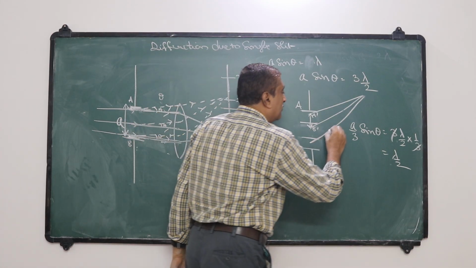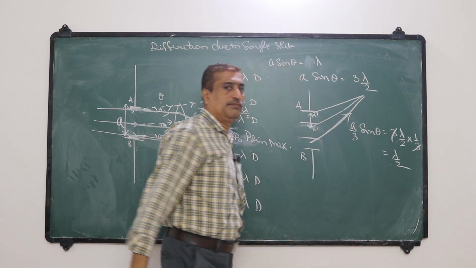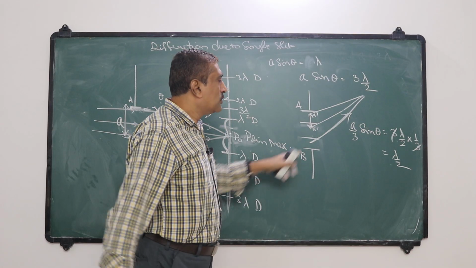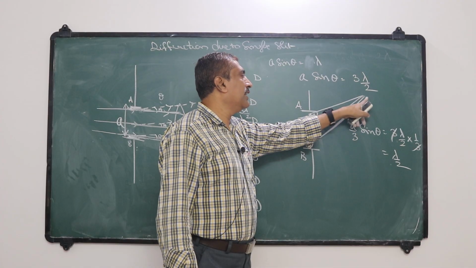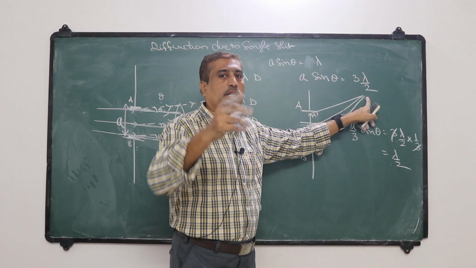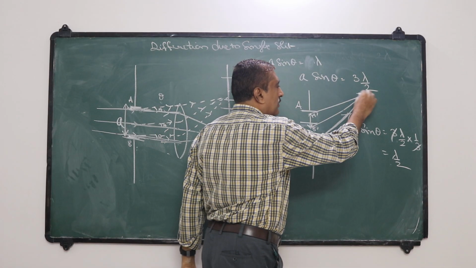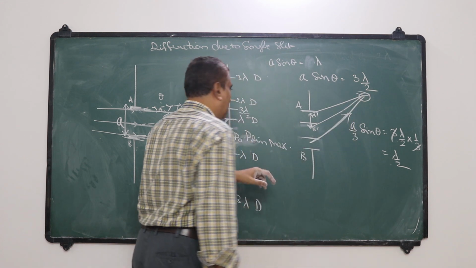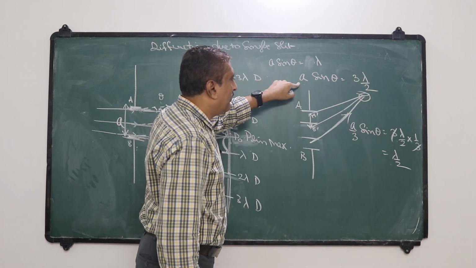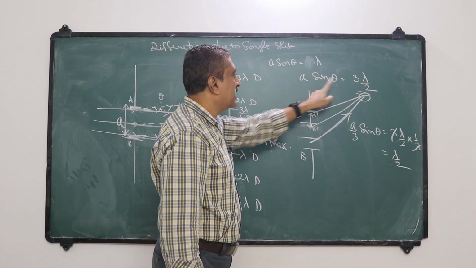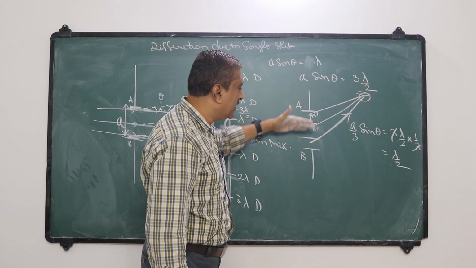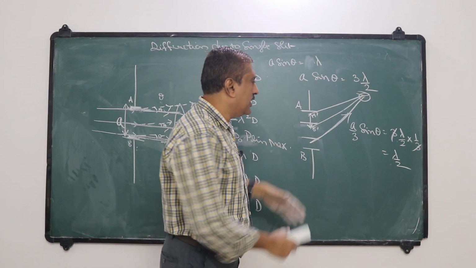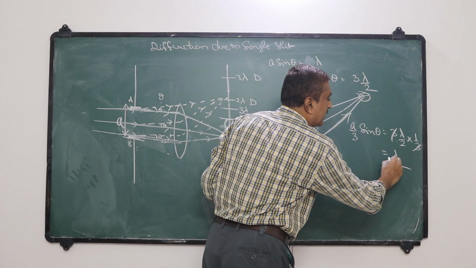But the light ray from this third part is unbalanced. It is not cancelled out. So this light reaches this point and constitutes a bright band. If for a particular path difference a sin theta is equal to 3 lambda by 2, we divide the slit into 3 equal parts such that for each part the path difference is lambda by 2.